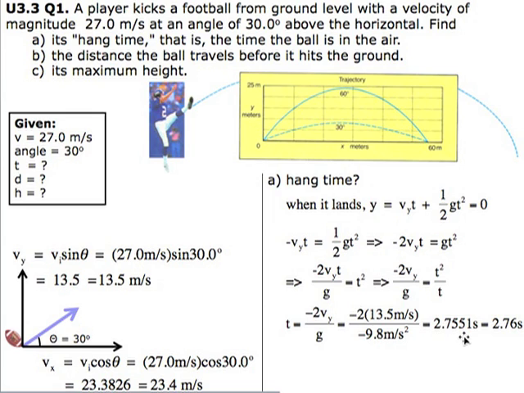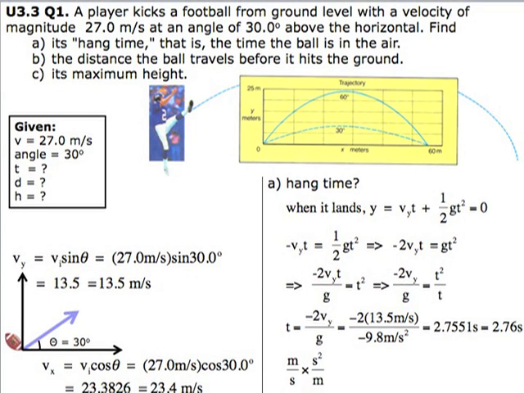It gives a very long number, but we only use 3 significant figures because 13.5 has 3 significant figures. How do we know we have the right answer? Just to double check, this meters per second is this one, and this meters per second squared, when you're doing division, you rotate them, putting the seconds squared on top and the meters on the bottom.